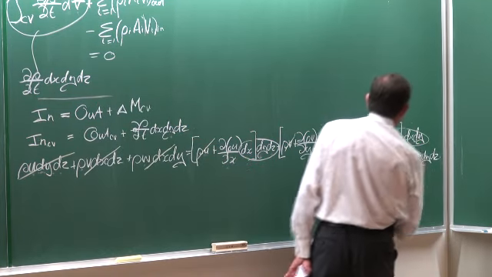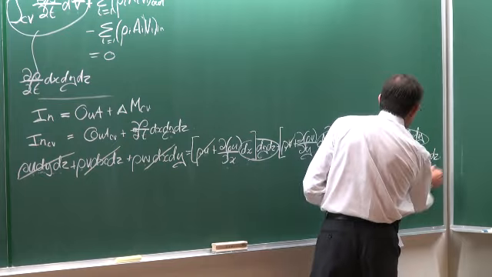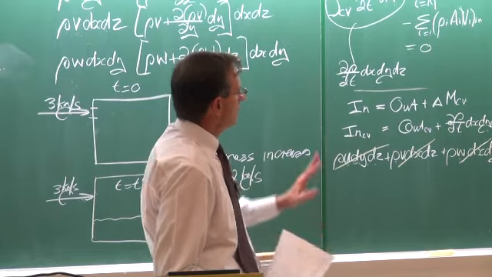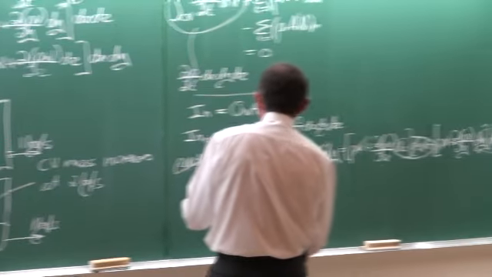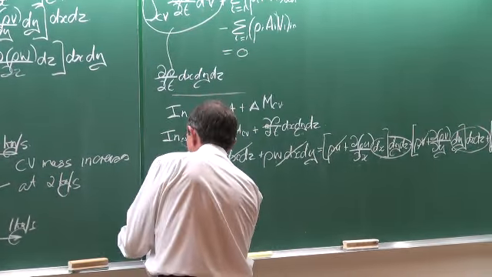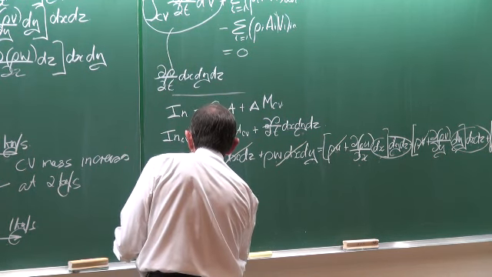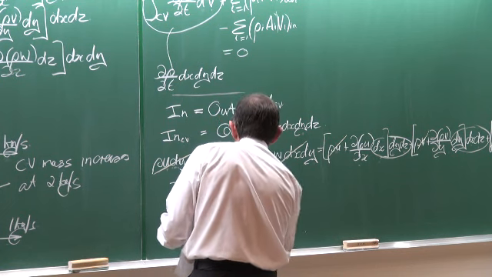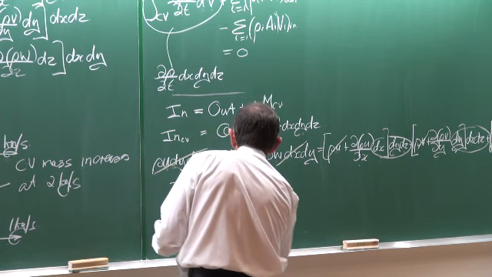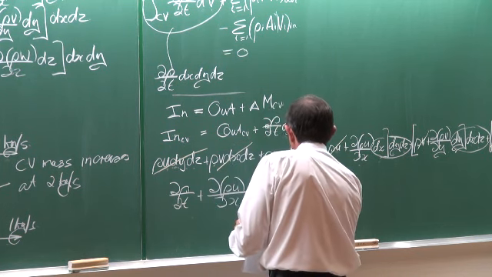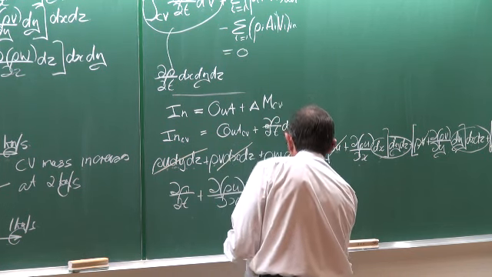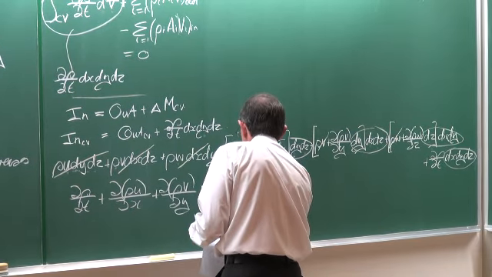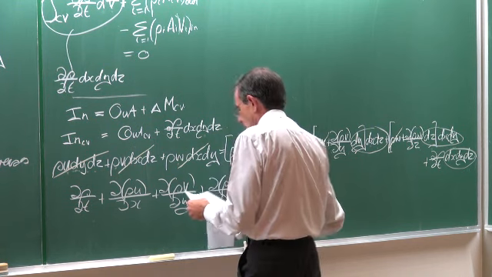So we can take it out, and the result is partial d rho dt plus partial d rho u dx plus partial d rho v dy plus partial d rho w dz is equal to 0.